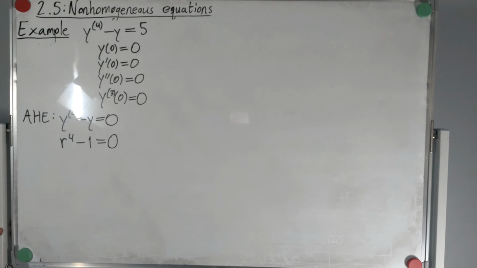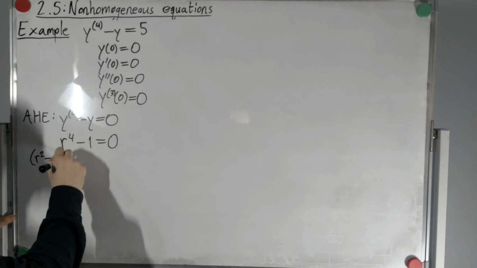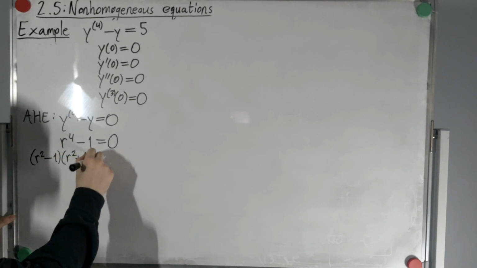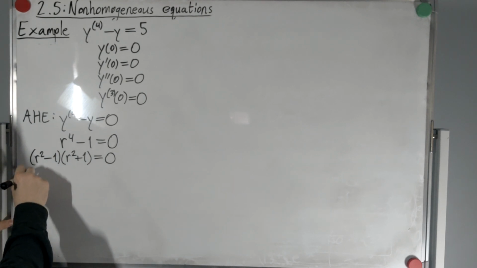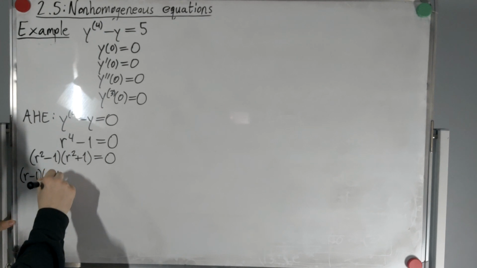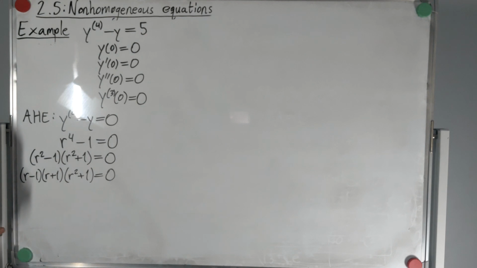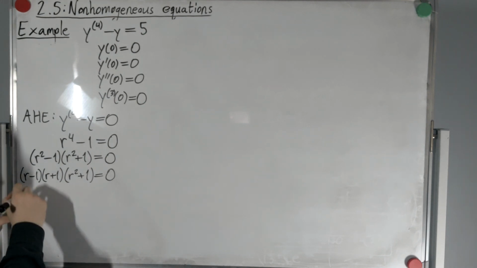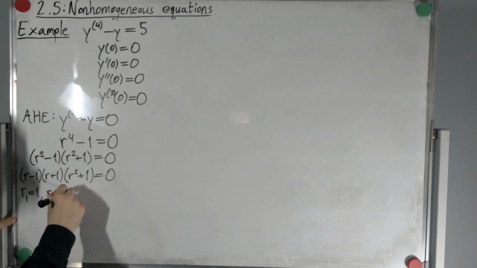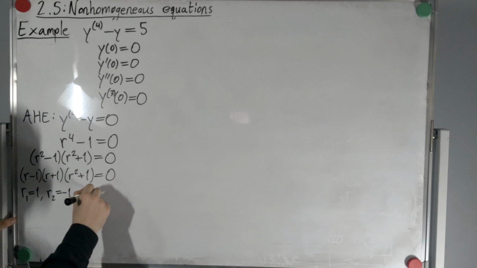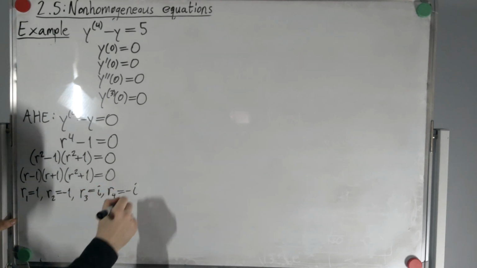R to the fourth minus 1 can be factored into r squared minus 1 times r squared plus 1. R squared minus 1 can be factored into r minus 1, r plus 1. And then r squared plus 1 is irreducible. So what we get here are 4 distinct roots. One of them is 1, another is negative 1, a third is i, and a fourth is negative i.